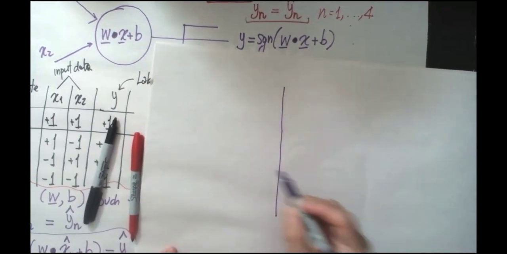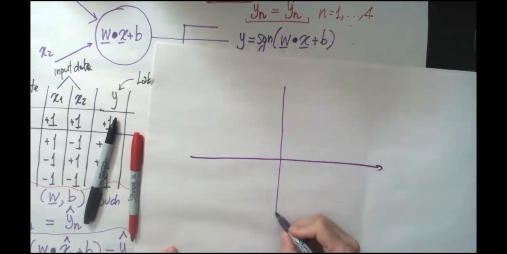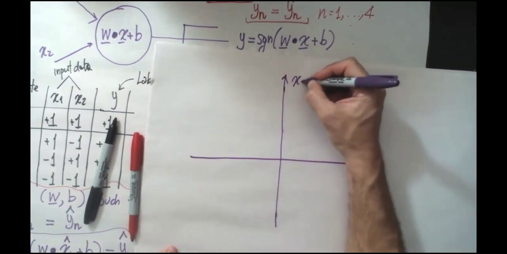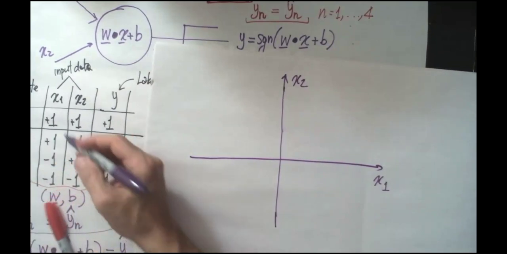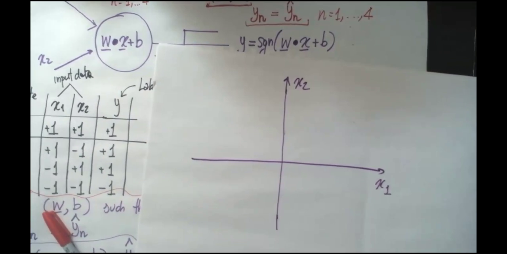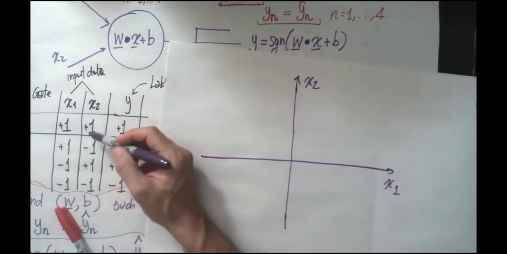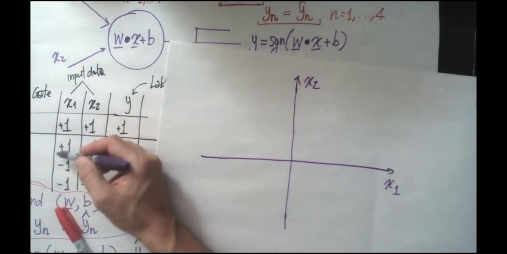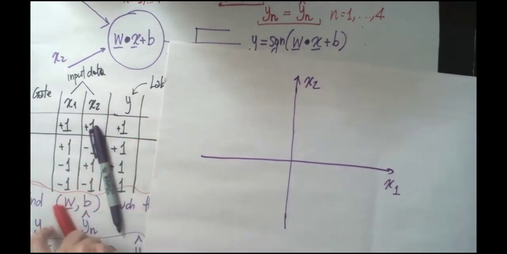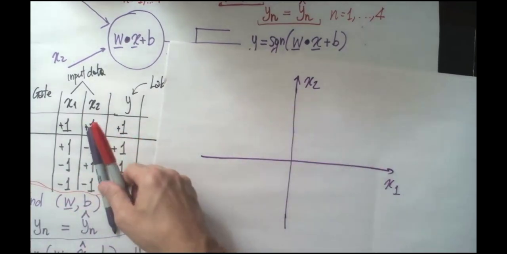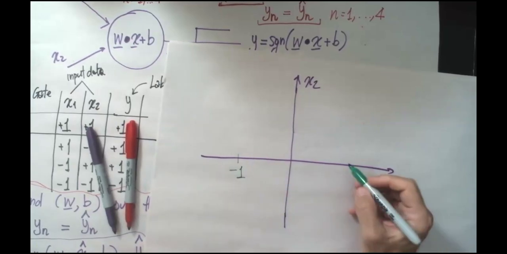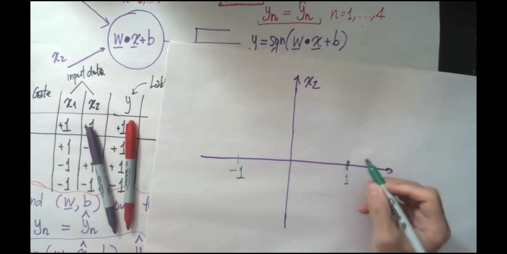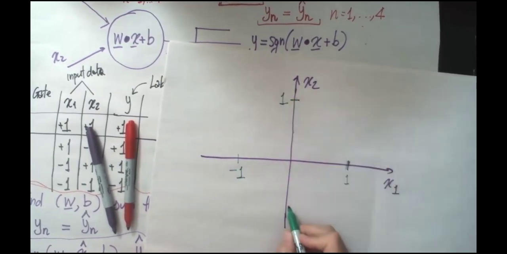Let's work on the input space, which is given by this plane here. And let's see what the input vectors are, which are all these pairs, four pairs of points. So we can only have -1 and +1, 1 and -1.